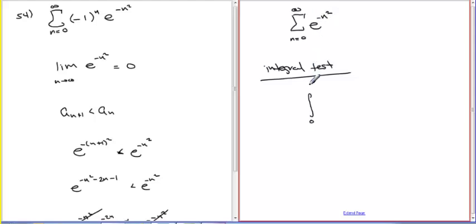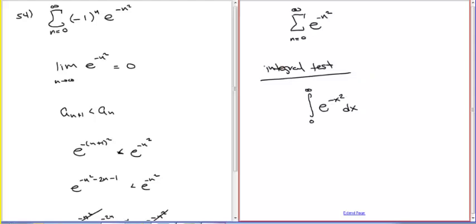So what we do is we integrate from 0 to infinity of e to the minus x squared dx. Actually, we don't know how to do that because we need an x in the front. So we're still going to have to use the integral test, but it's going to be part of a larger thing.